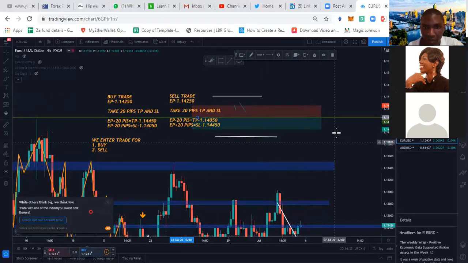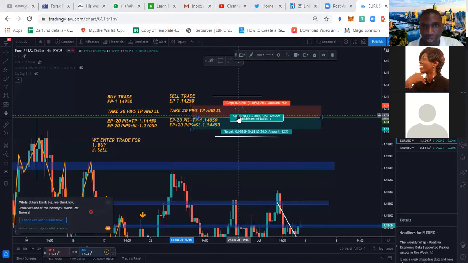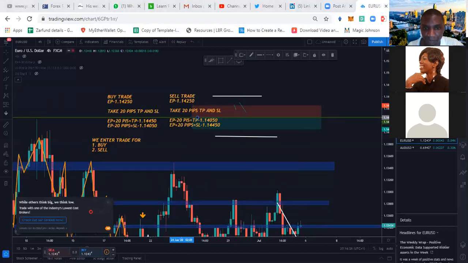All right, so now the next thing I want to do is to show you this. When we say price action, we are talking about what price is doing. Can you see my screen? Yes. When you're talking about price action, you are looking at the candle formation.